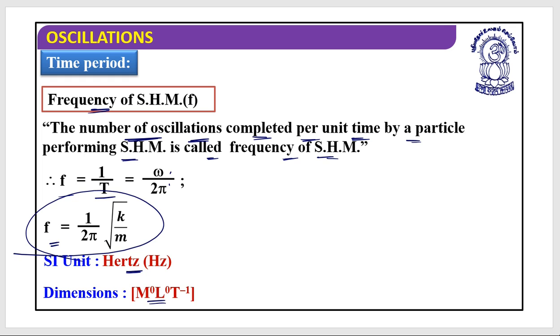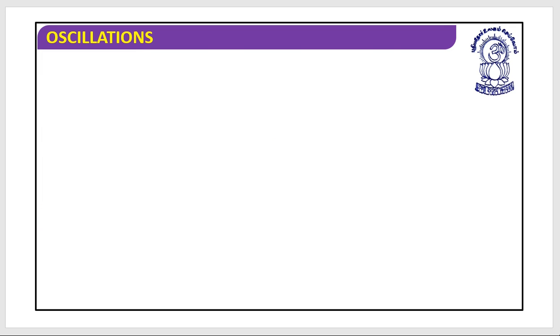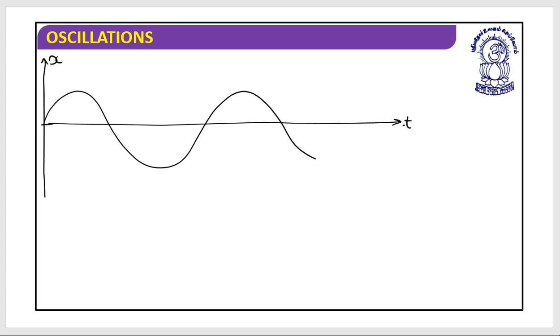So these are all the theoretical aspects. Let's have certain practical aspects of the time period in SHM. Let's suppose this is x and this is t, and we have a sine function something like this. When I am asked to complete one time period, what does it mean? Let's understand that this is the mean position, where x equals 0.